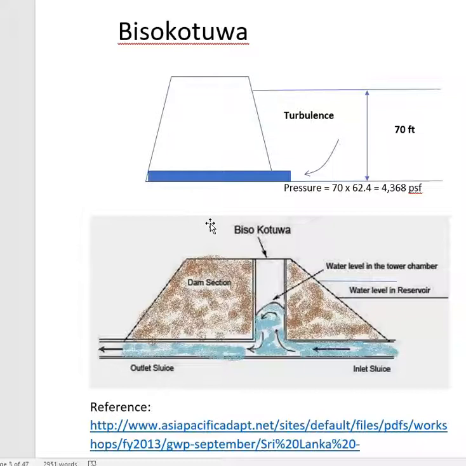So if there's a reservoir somewhere in the world with a water column of, let's say, 70 feet, then you have to ask yourself, how did they take water out of this? How could they take water out of this? They have to have a method or mechanism. So that's why I believe that the Bisokotuwa is instrumental to building these large reservoirs.